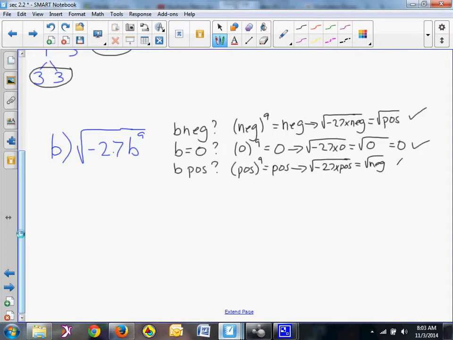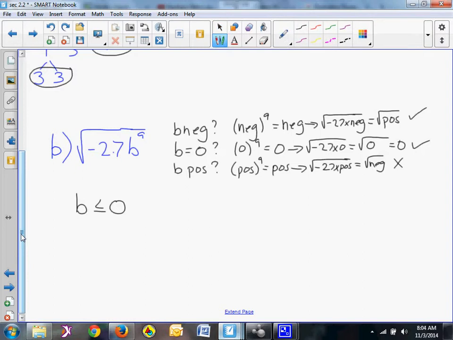I cannot do that. So b has to be negative or b can be 0. We express that by saying b has to be less than or equal to 0, because less than 0 is negative, and then 0. So we know the variable has to be less than or equal to 0.